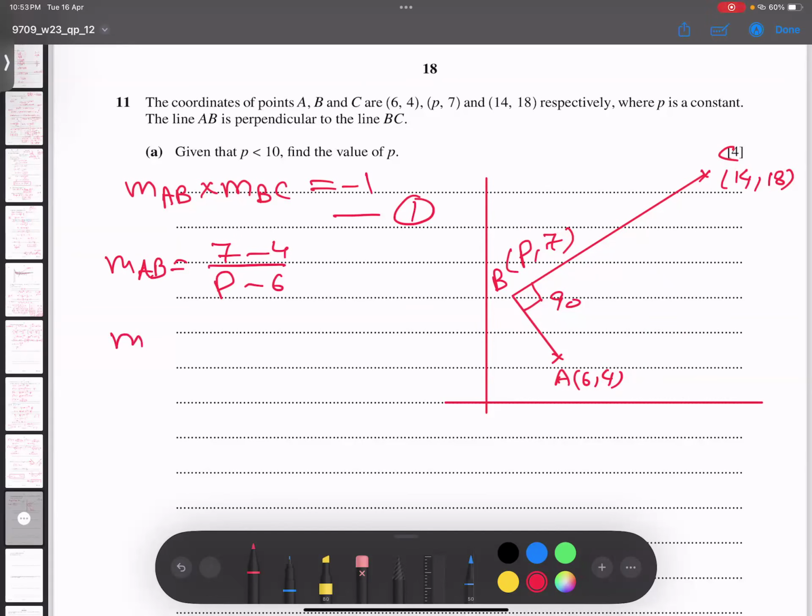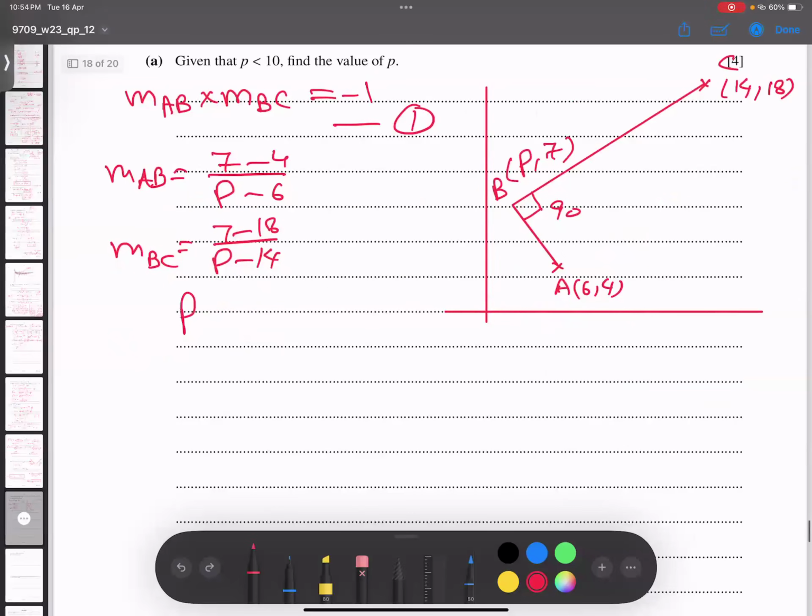Second, the gradient of BC: 18 minus 7, or I can write 7 minus 18, over P minus 14. I got the second one, so I put both gradients in.